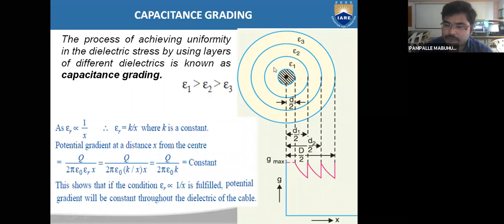Instead of using only one single dielectric material, you will use different layers of different dielectrics. Okay, if you observe in this figure, you will have three dielectric materials. On the top of the conductor you will have one dielectric material, paper, let us assume, right? On the top of this paper you will have another dielectric material, which may be rubber.